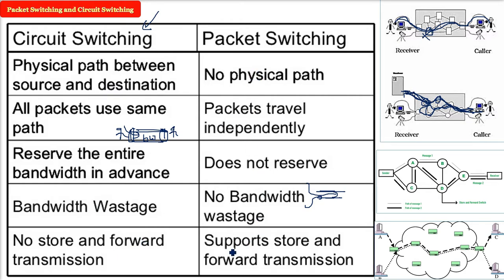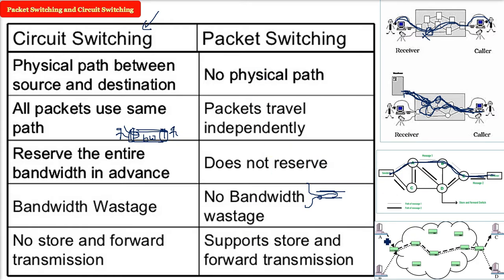In circuit switching, there is no store and forward transmission. Packet switching supports store and forward transmission. In circuit switching, once you establish a path, there is no need to store. The packets have to take the same path every time.